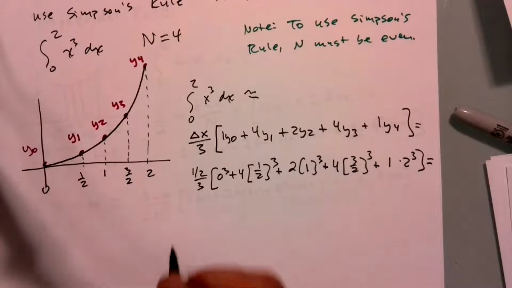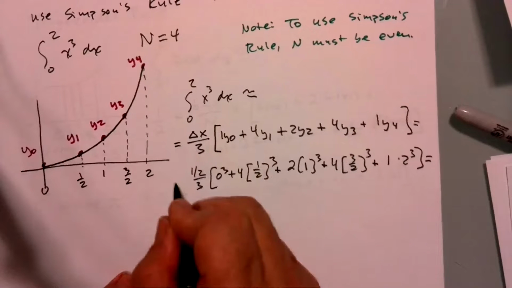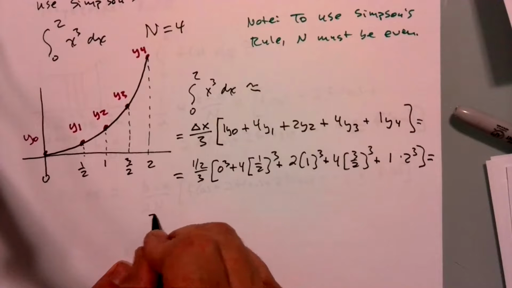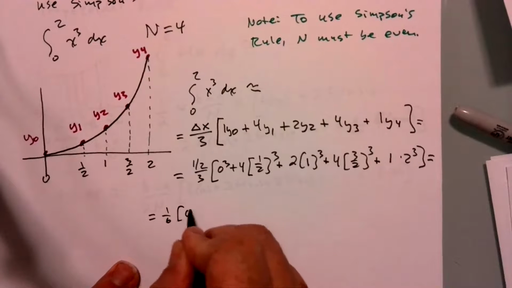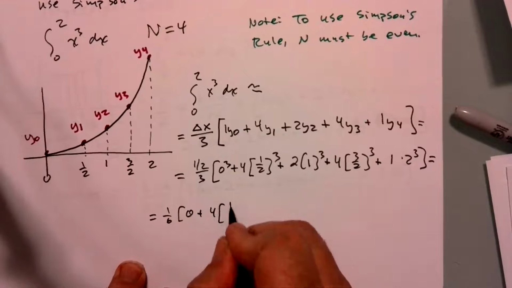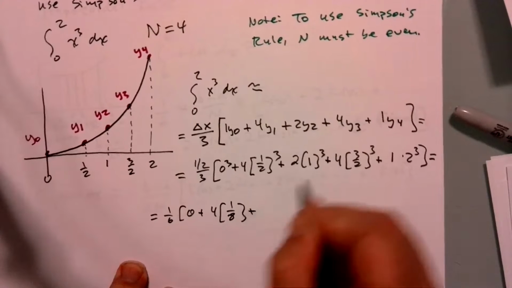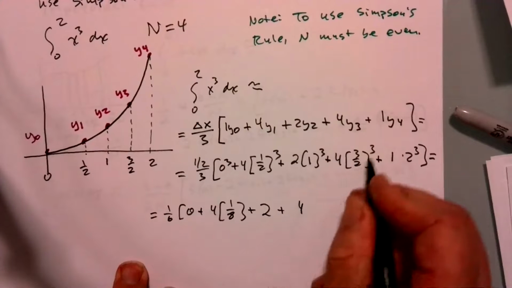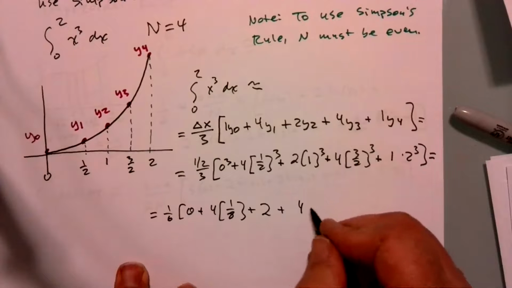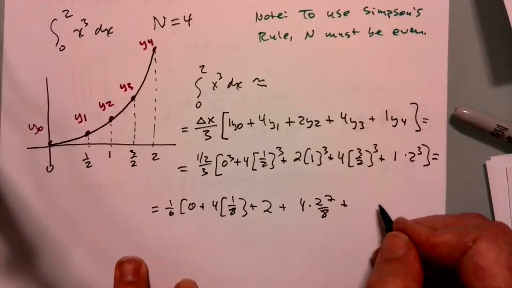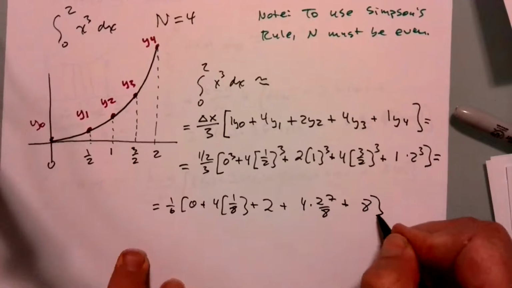So what do I have here? 1/2 divided by 3 is 1/6. 0 plus 1/2 cubed is 1/8, so 4 times 1/8. 1 cubed is 1. 2 times 1 is 2. 3/2 cubed is 27/8. Plus 1 times 2 cubed is 8.